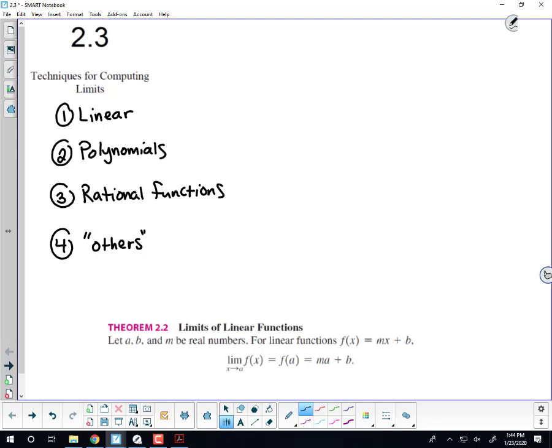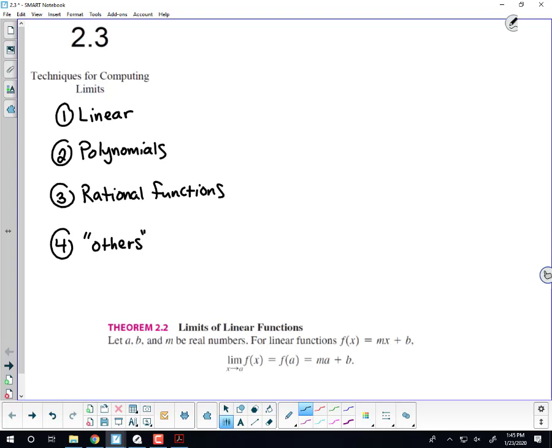What's an example of a polynomial function? I'll give you a hint. Any linear function is a polynomial, but what else is a polynomial? Like x squared, x cubed, any combination thereof. 5x to the 5th plus 12x to the 4th.